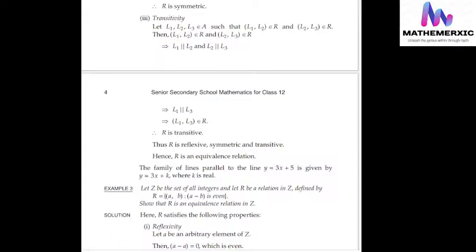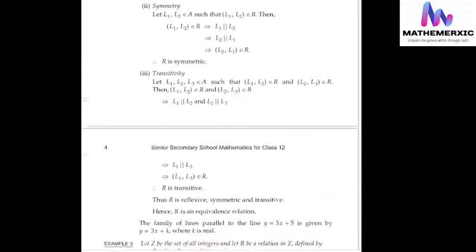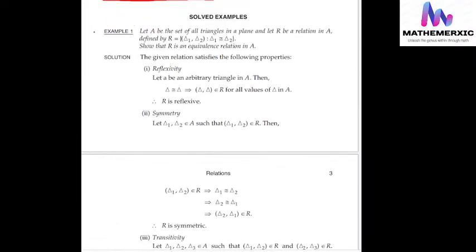That's why (L1, L3) belongs to R, and R is transitive in nature. The family of lines parallel to the line is given by y = 3x + k, where k is a constant. A constant can be any real number, so we can have any value there. So we have seen these two examples.